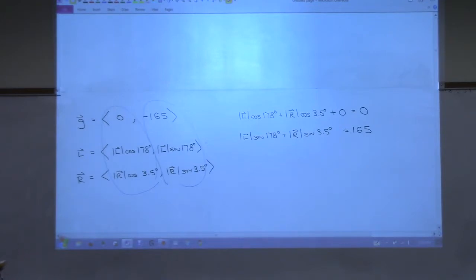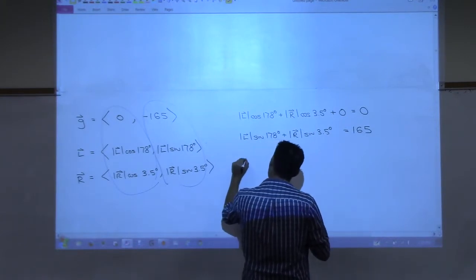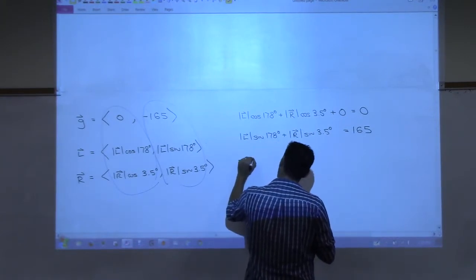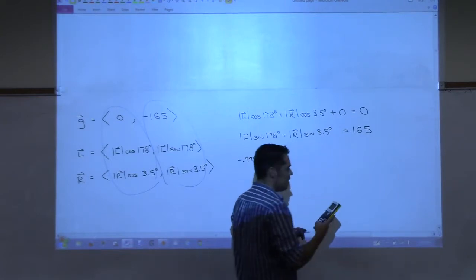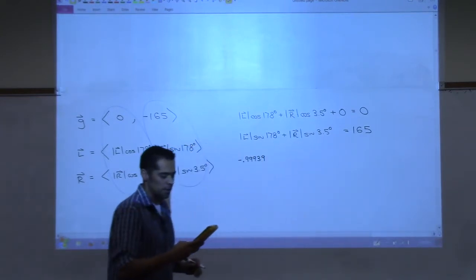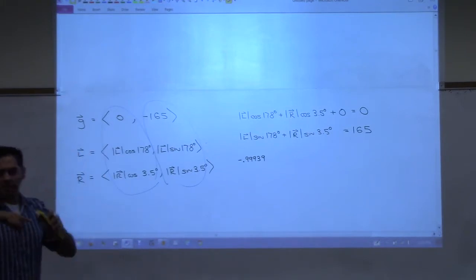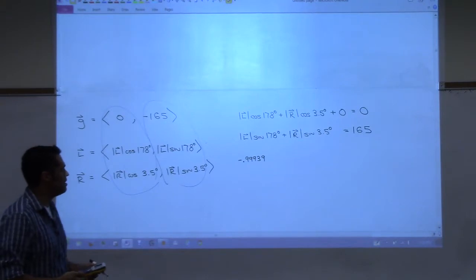Now, calculator. Cosine 178. So I'm getting negative 0.9993. I better take a couple. I'm going to go about, let's go 5 decimal places on this one. Because it's such a small deflection, if I round too much, it's going to think it's straight across or something, and that's not happening.